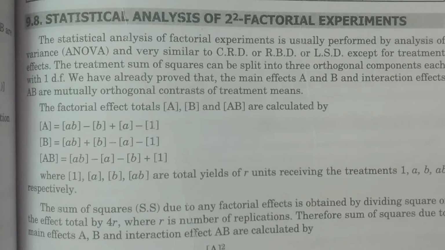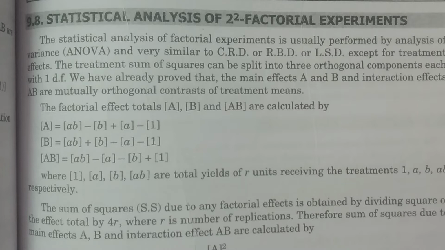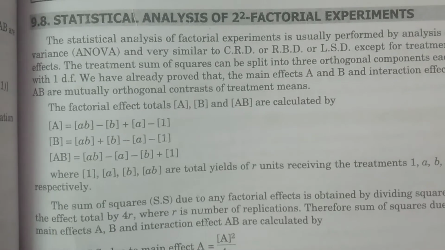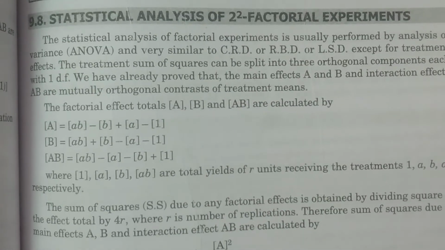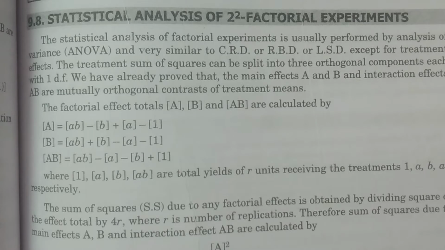So in this class I explain the statistical analysis of 2² factorial experiments. What is the statistical analysis of 2² factorial experiments? We have learned all the points, and I have discussed in detail all the points of 2² factorial experiments.